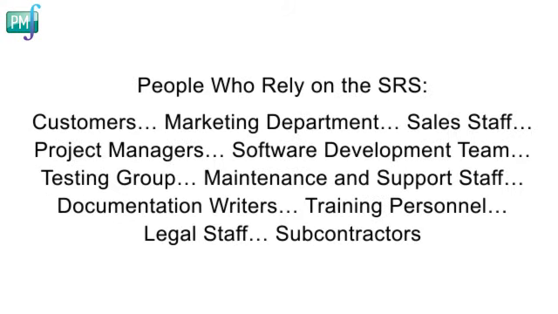Customers, the marketing department, sales staff, project managers, the software development team, the testing group, maintenance and support staff, documentation writers, training personnel, legal staff, and subcontractors all rely on the SRS. Needless to say, it's really important.